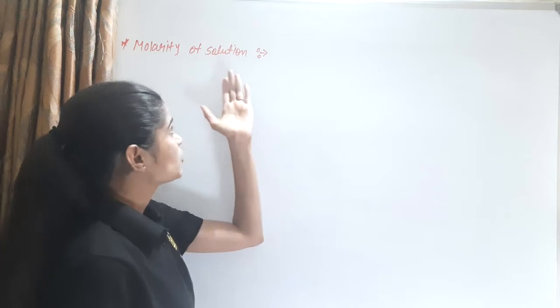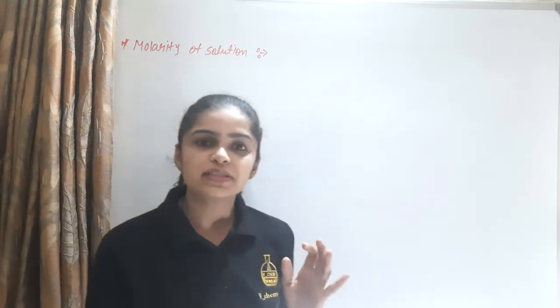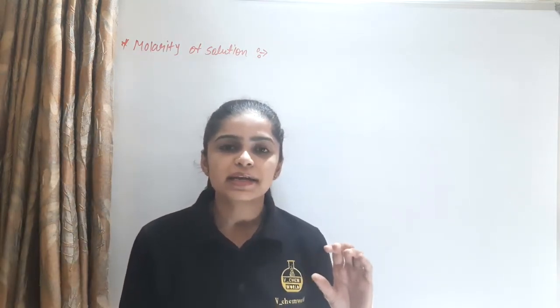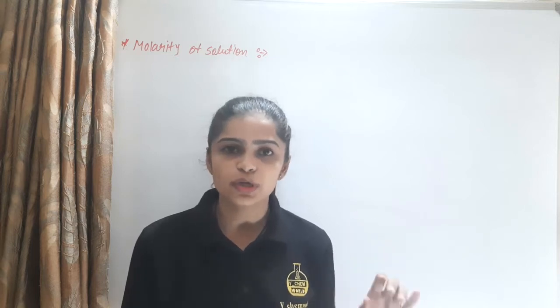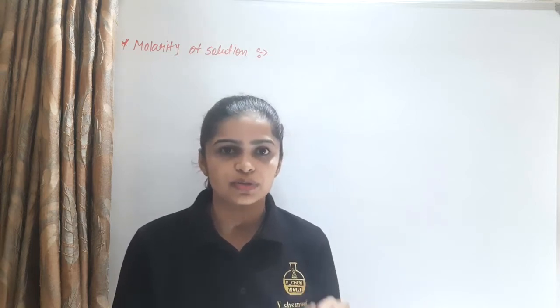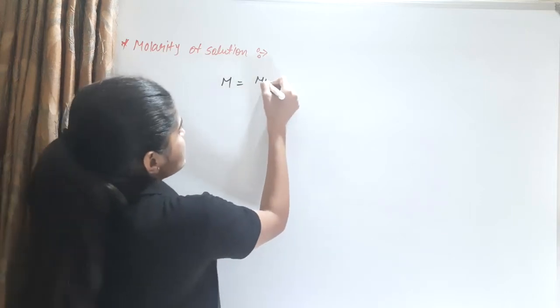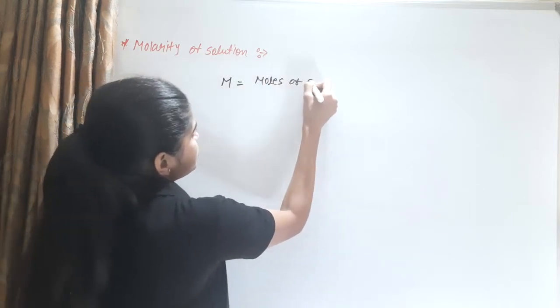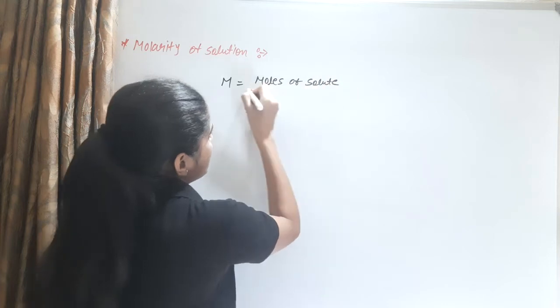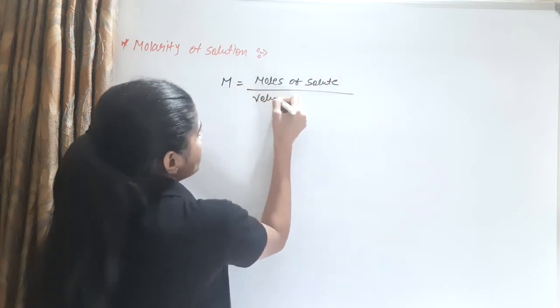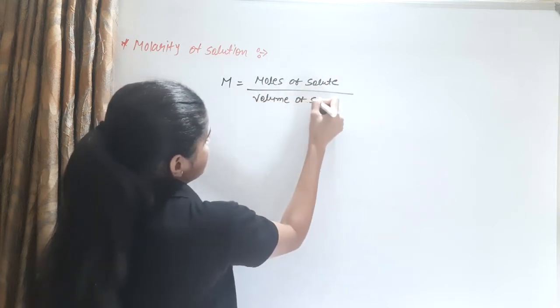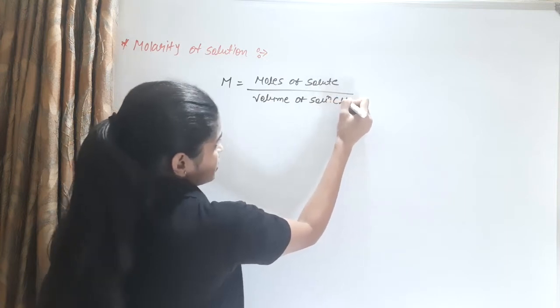Now the molarity of solution. On the definition of molarity, molarity is the number of moles of solute dissolved per liter of solution. That way, molarity is equal to moles of solute upon volume of solution in liter.